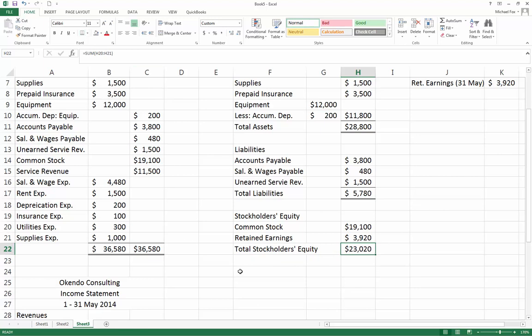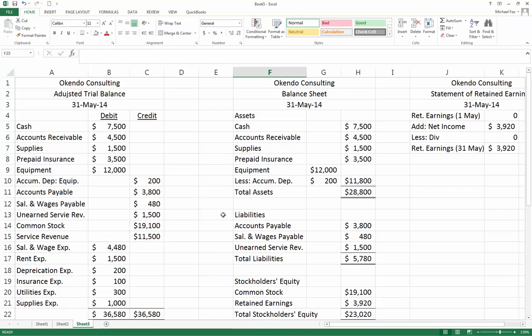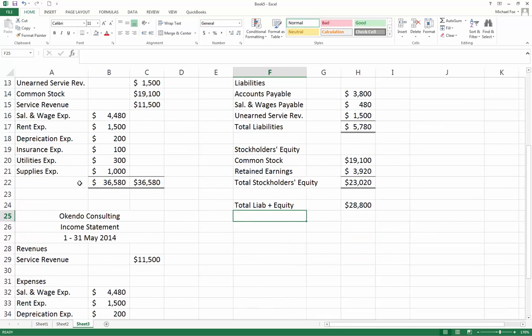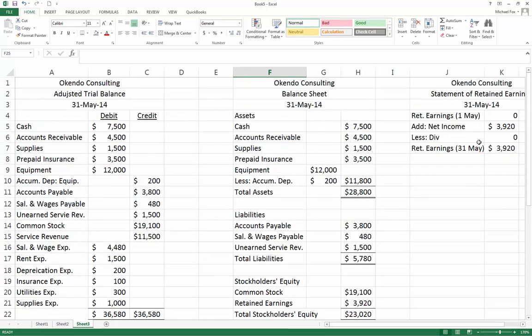And then it should work that our total liabilities plus equity should equal our total assets, right? If we did it right. So total liabilities plus our stockholders' equity, 28.8. So there's our balance sheet. So once we've done an adjusted trial balance, it becomes very easy to do an income statement, a statement of retained earnings, and a balance sheet.